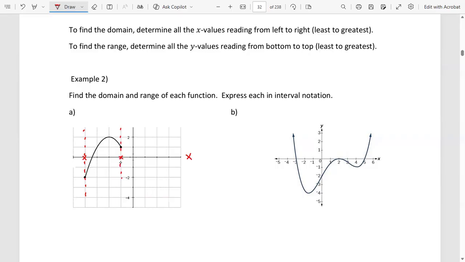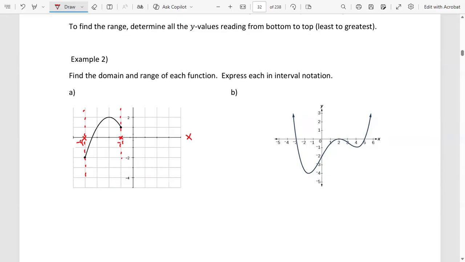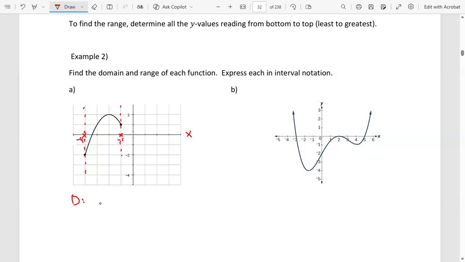And those points are -4 and -1. That means the only possible x values that this graph takes are the numbers from -4 to -1. So for writing the domain, it starts from left to right, so from -4 to -1. And we put brackets because both of them are included, because we see closed dots here.